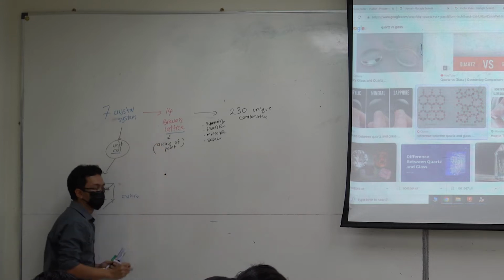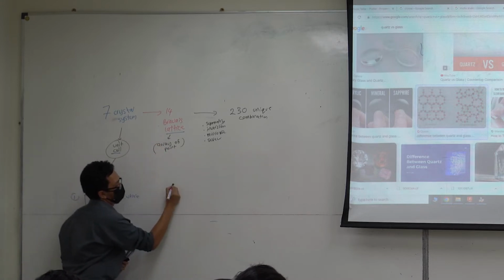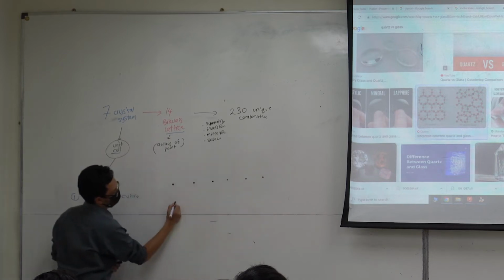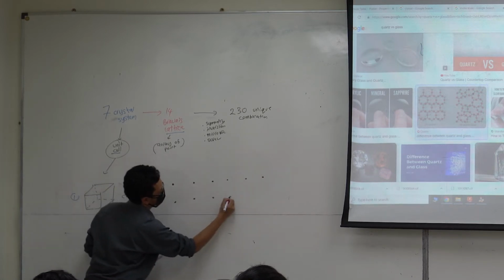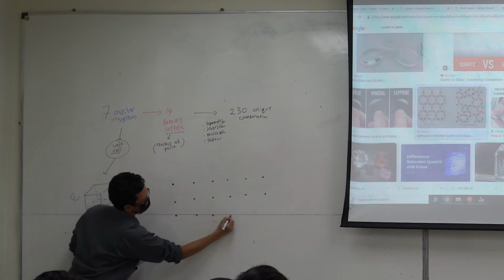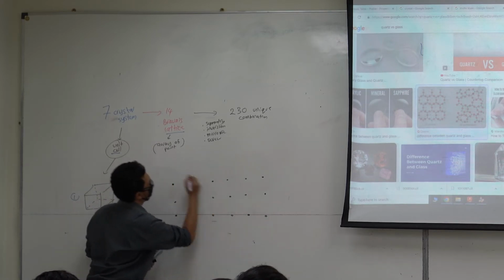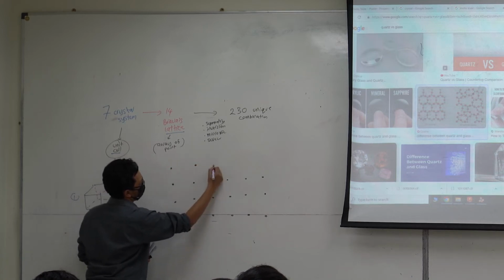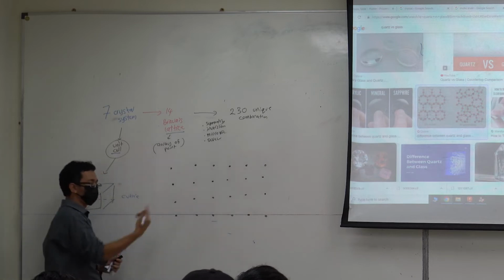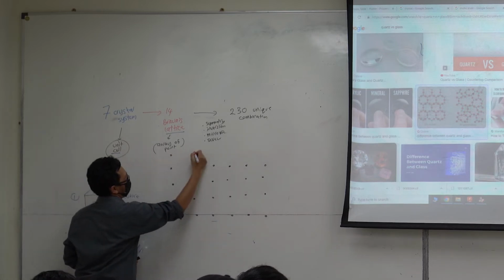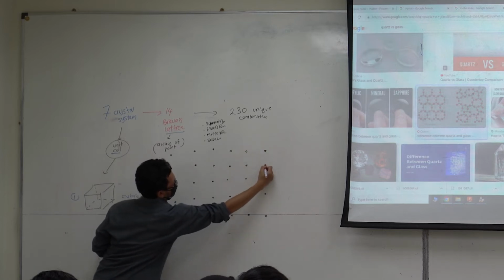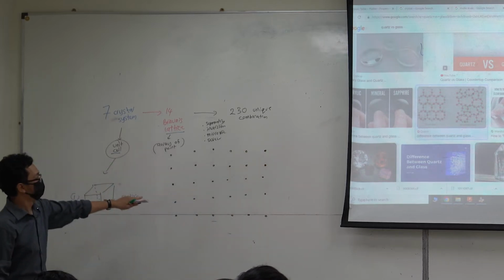So let's say I have this point, and then there are more points. Okay, so this is the lattice.